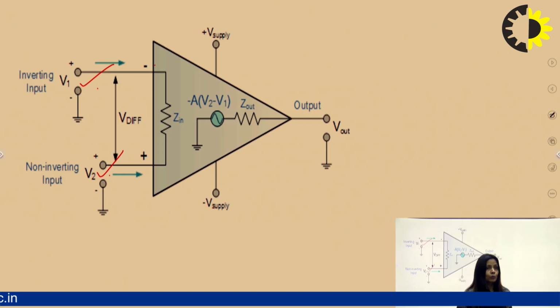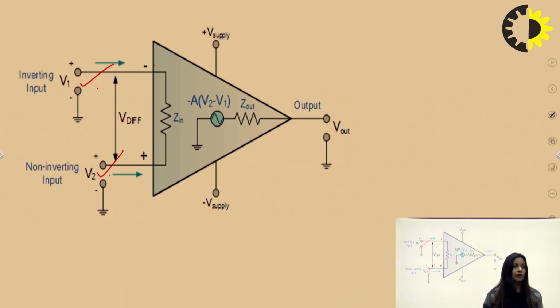One thing we can note is that V1 and V2 both inputs can be DC or AC also. The terminals are connected with some resistance or impedance called the input impedance, and for the ideal Opamp it is very high.